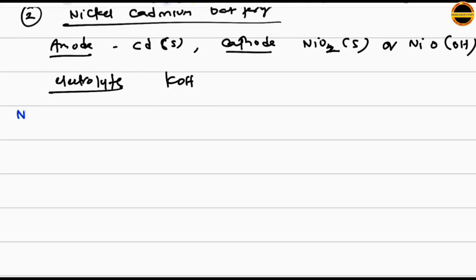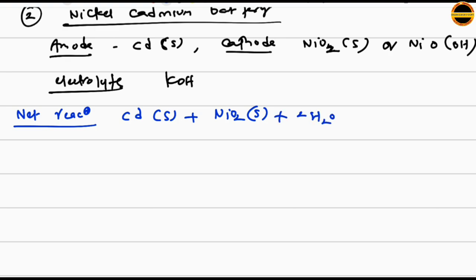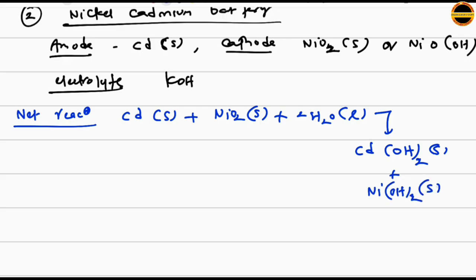And the net cell reaction: cadmium solid plus NiO2 solid plus 2H2O, which is liquid, giving cadmium hydroxide, which is solid, plus nickel hydroxide, which is also solid.